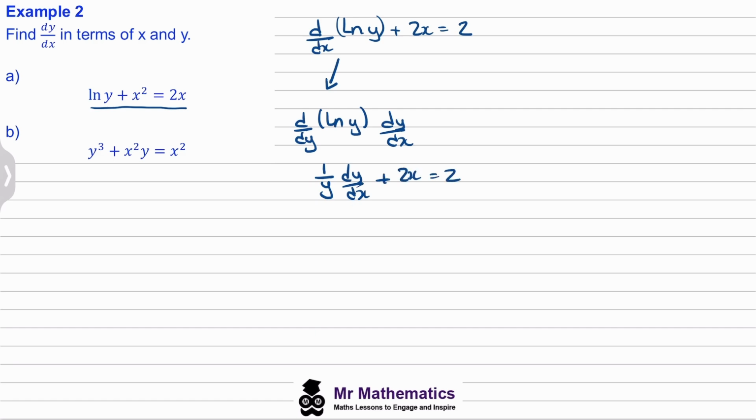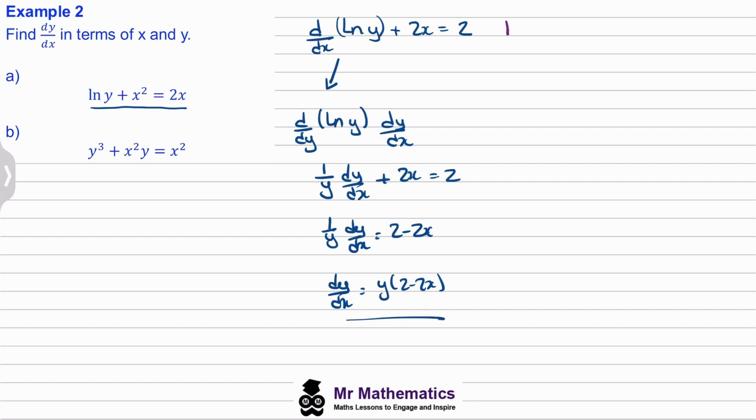So to find dy by dx, we make this the subject. So we'll have 1 over y will equal 2 minus 2x. So dy by dx will be y lots of 2 minus 2x. Okay?